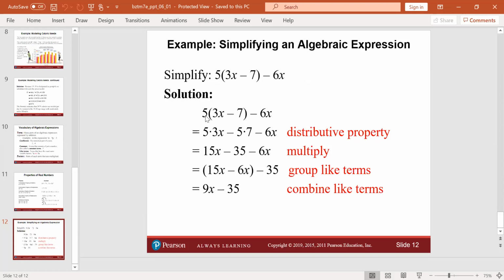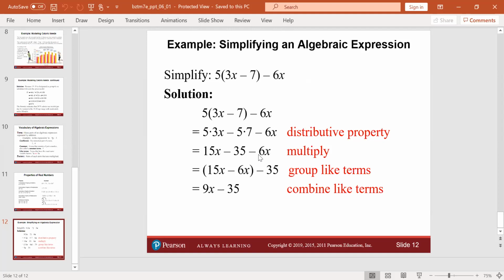So this thing is just begging for us to distribute the 5. So that's 5 times 3x minus 5 times 7. And then there's just a 6x over here being subtracted. 5 times 3x is 15x minus 35 minus 6x. Even though they're not next to each other, are 15x and negative 6x like terms?